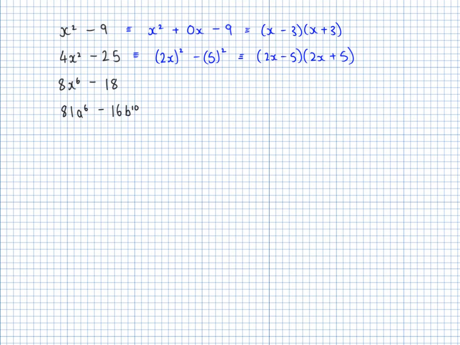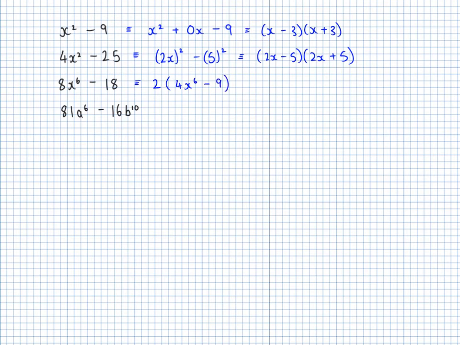Now the third one. I can't see how I can write this as a square, and 18 is not a square as well, but I can see that 2 factorizes from both of these parts. So I can say 2 bracket 4x to the power of 6 take away 9.